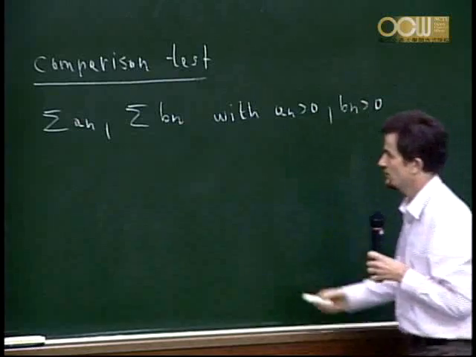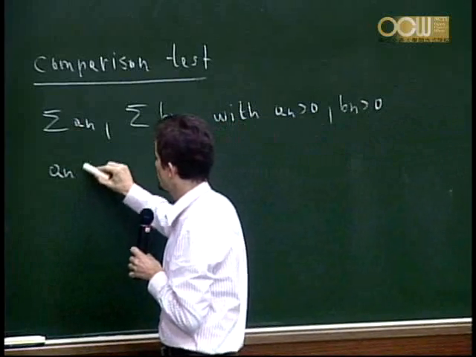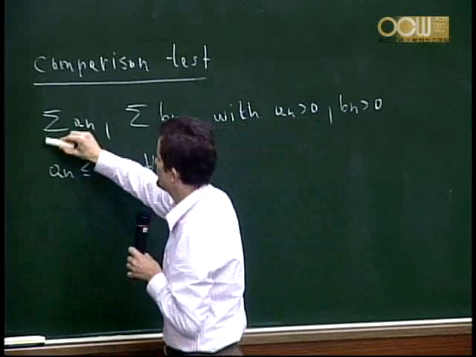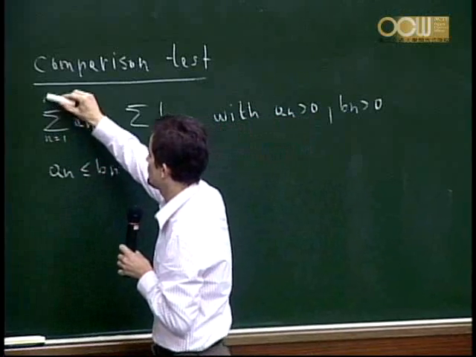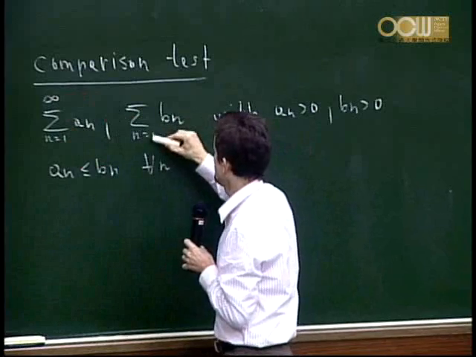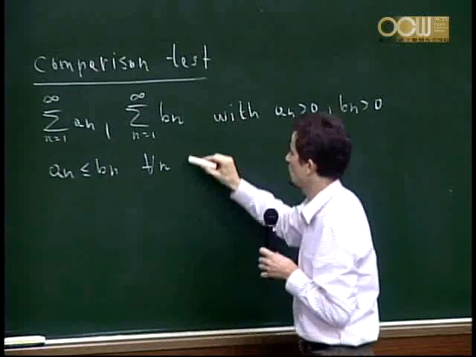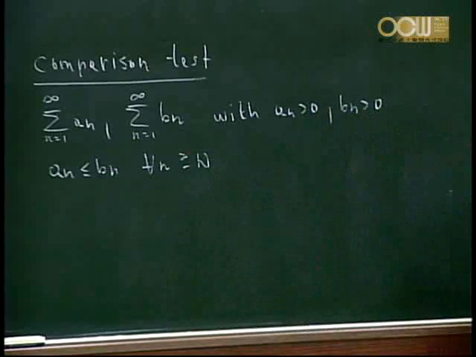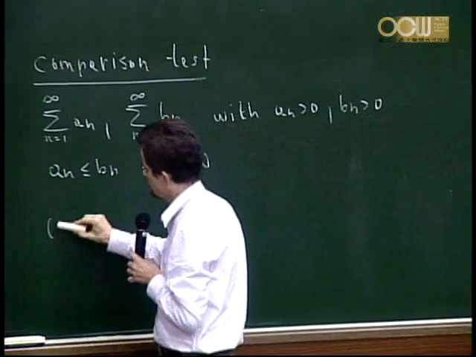Now, if we know that an is smaller or equal than bn for all n, normally the series is starting from either 0 or from 1, so if this relation holds for all n which are large enough, then we have the following conclusions.